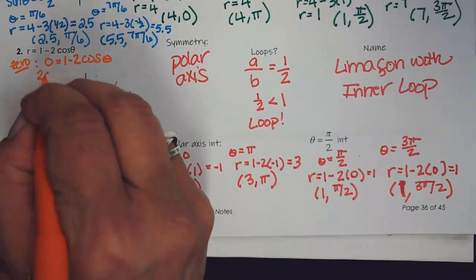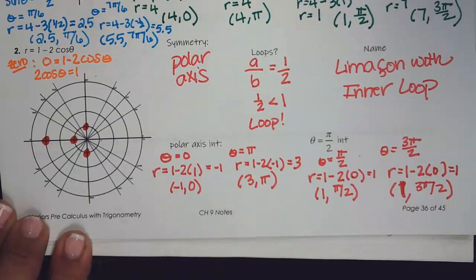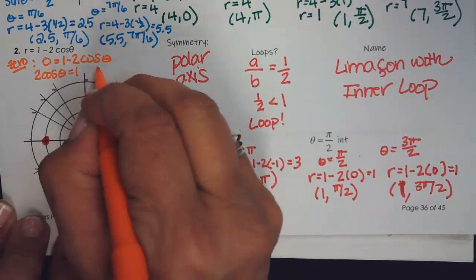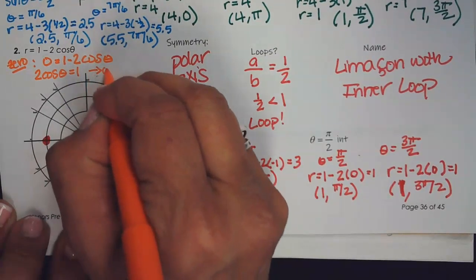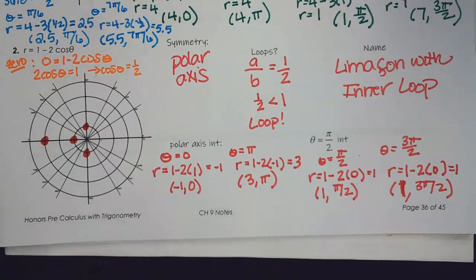So that means that 2 cosine theta equals 1. So that means that cosine of theta equals 1/2. Is there a theta value that would give us 1/2? There is. What's that theta value for cosine?